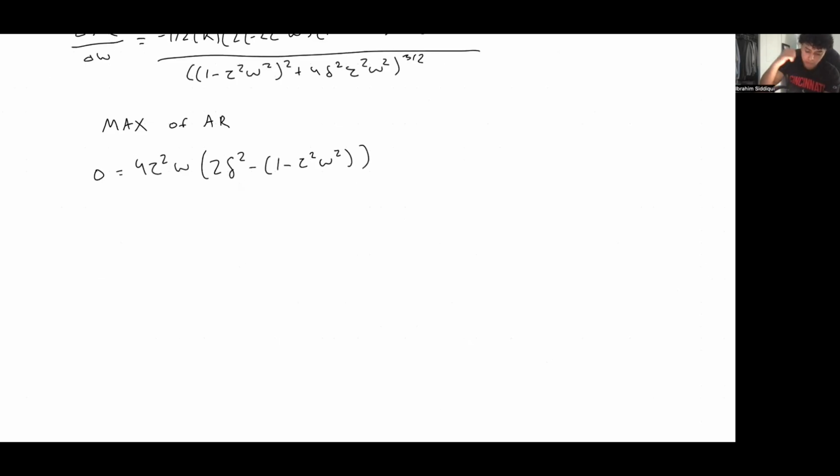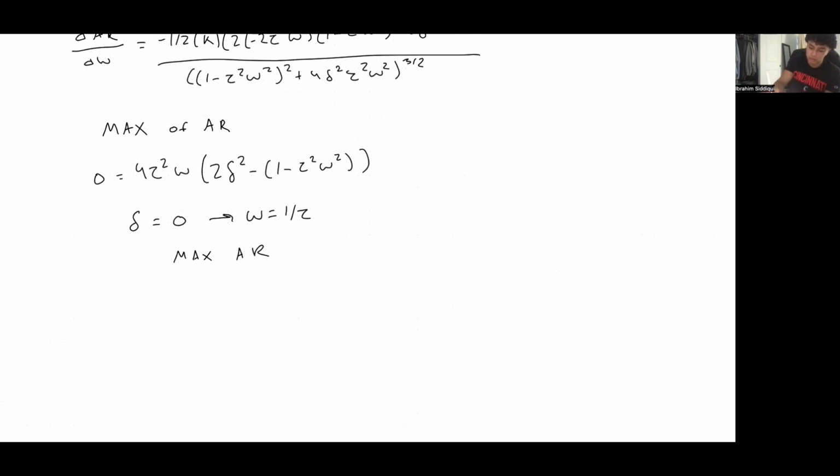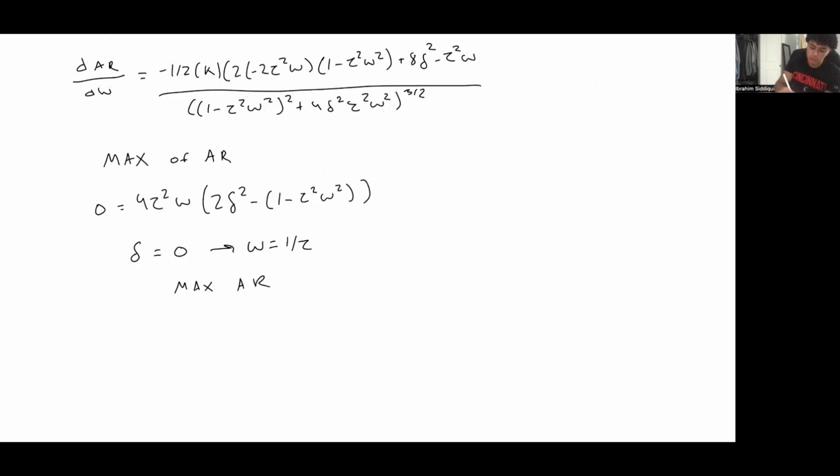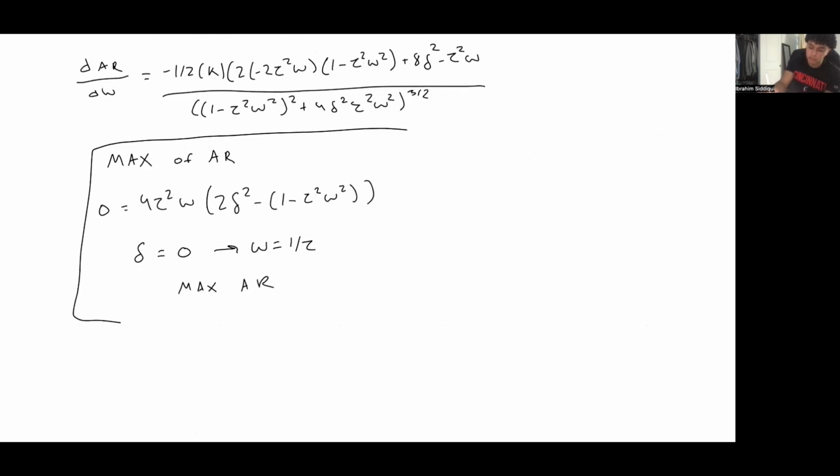From this, we can see that if the system has no damping, so our damping factor delta is equal to 0, then omega equals 1 over tau, which gives us essentially a max amplitude ratio. That sums it up regarding our max amplitude ratio.